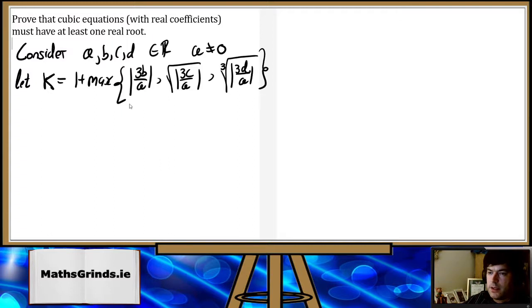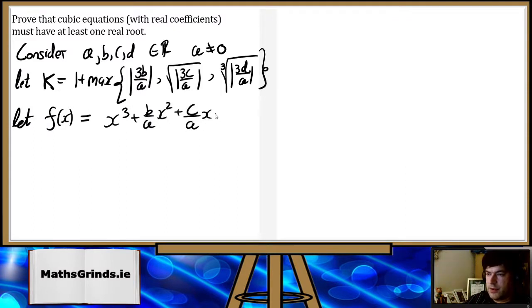Now, because of the design here of k, and also let f of x equal x cubed plus b over a x squared plus c over a x plus d.